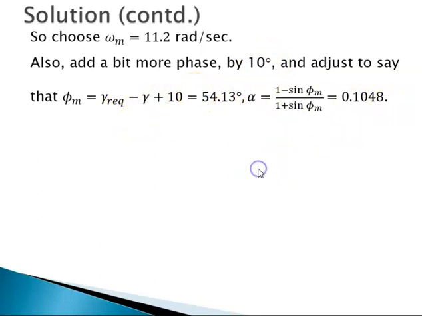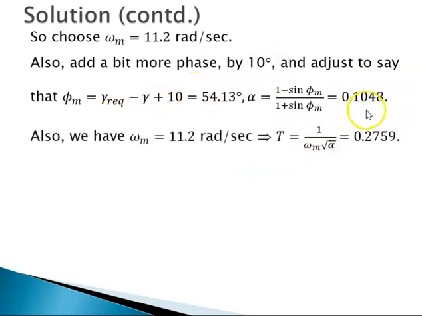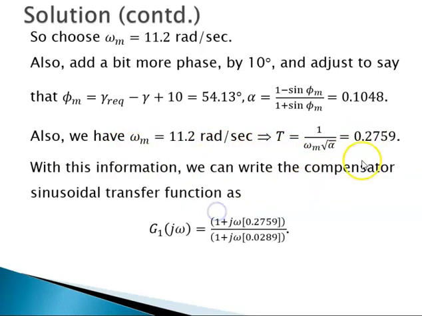With this, alpha comes out to be 0.1048. And because we have omega m, we know T is computed here. With this, the compensator sinusoidal transfer function is given as follows.